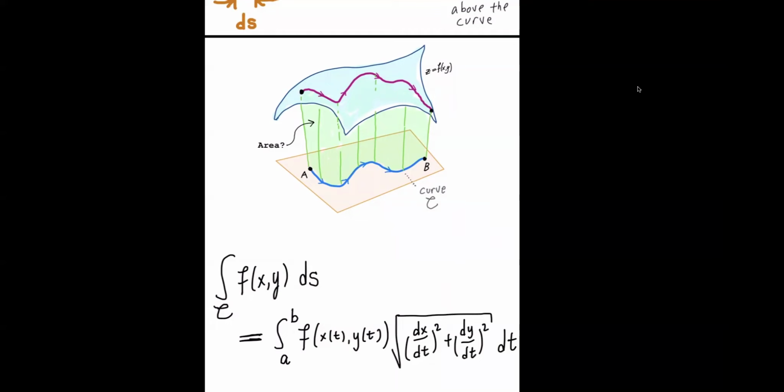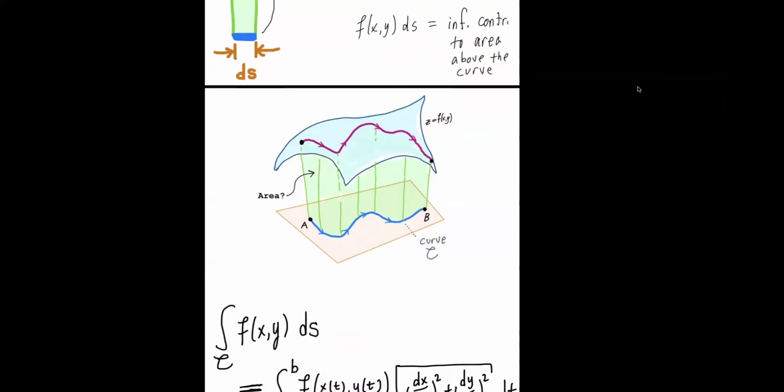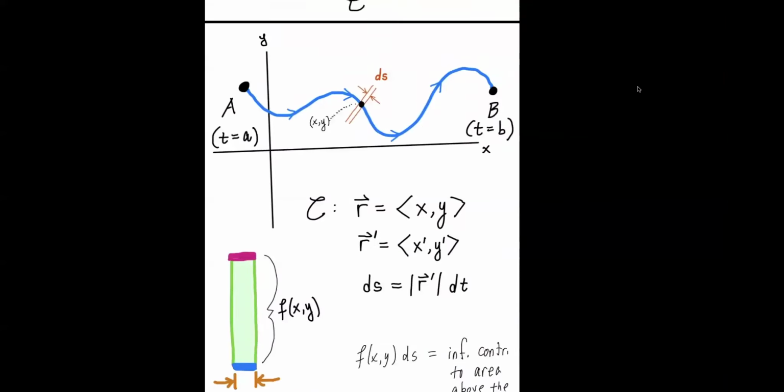And then in terms of t, we're just left with a simple integral from a to b. All of this assumes that we're integrating over some curve where when time t equals a, we're at this initial point, and at time t equals b, we're at the terminal point. This is a reminder.